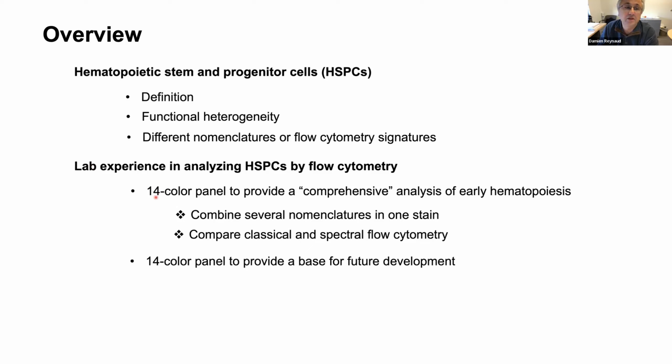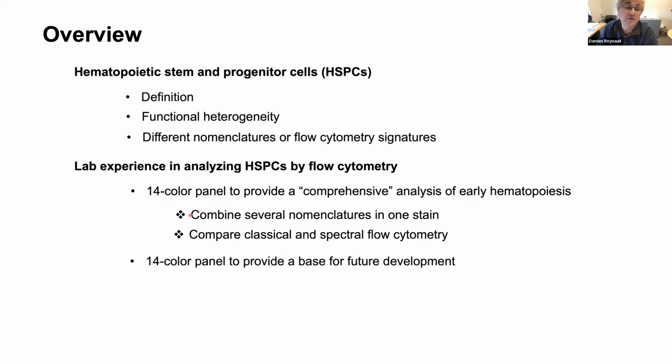I will notably describe a 14-color panel that we developed to provide a comprehensive analysis of the early hematopoiesis. It's a ready-to-go panel that we use in our different studies, and it can be used in different studies if you analyze the impact of drugs, of a mutation, or of different physiopathological conditions on the hematopoietic compartment.